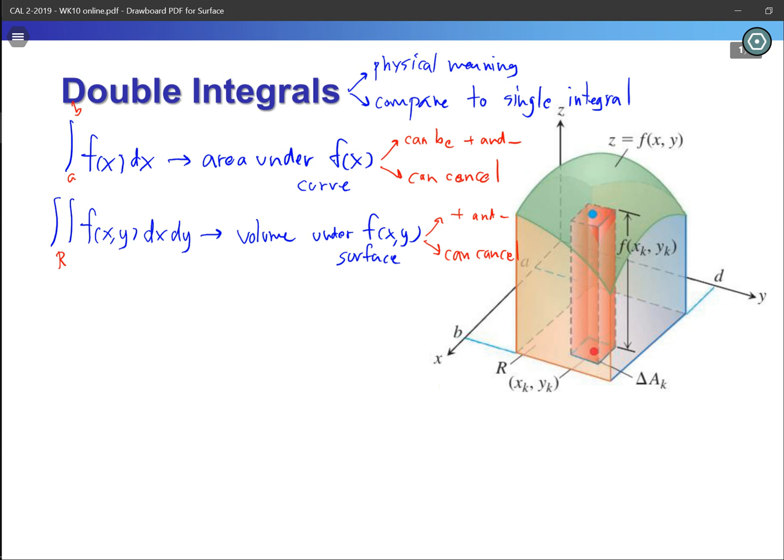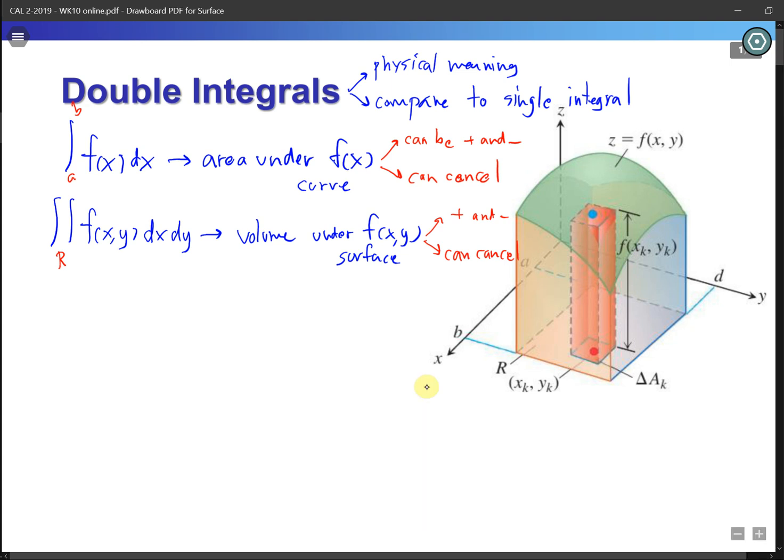You know, we have volume, we need to know the base. So when it comes to R, I want you to think of the base of the volume. And another thing about that, it has to be on the XY plane.